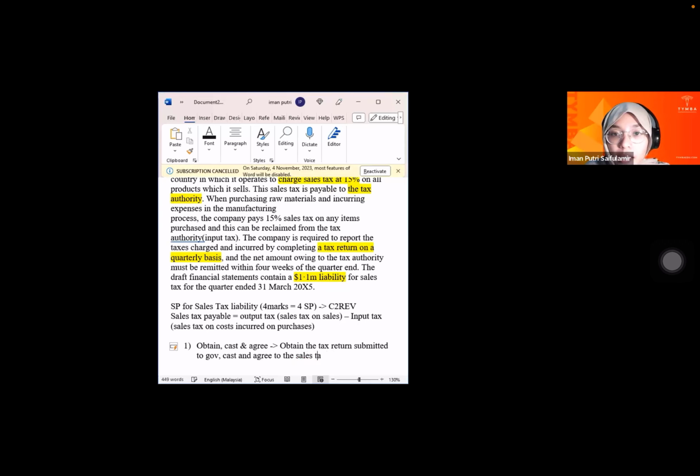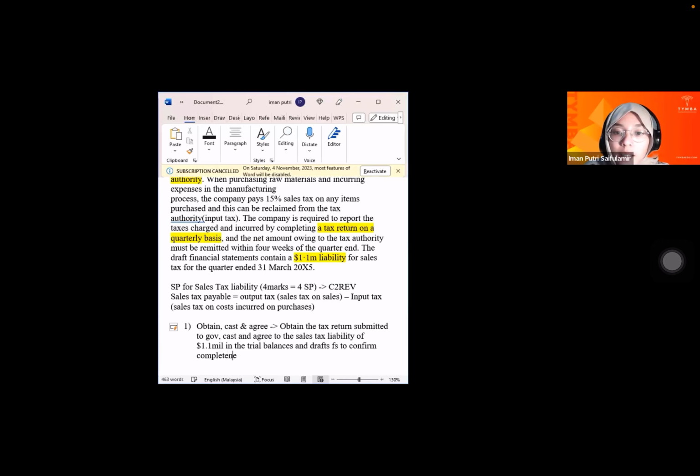They have already clearly stated that it is 1.1 million in the trial balance and draft financial statements, to confirm completeness of sales tax liability. Okay, so this is the first point here.